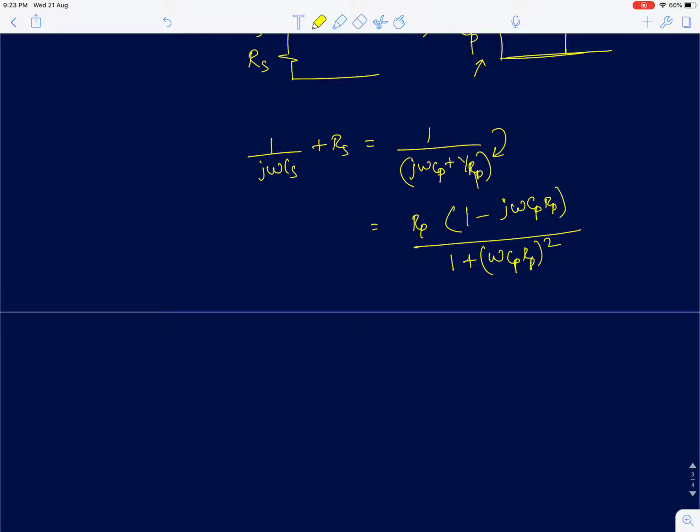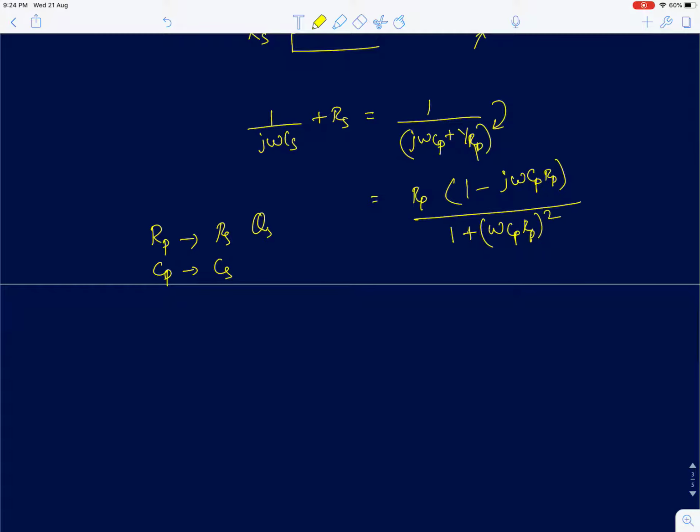In this case we'll try to find the equations for Rp and Cp in terms of Rs and Cs, and Qs. So if you are interested in finding that, then I think we should rearrange the other term. Even this we can actually get relations in terms of Rs, the equations for Rs and Cs in terms of Rp and Cp.